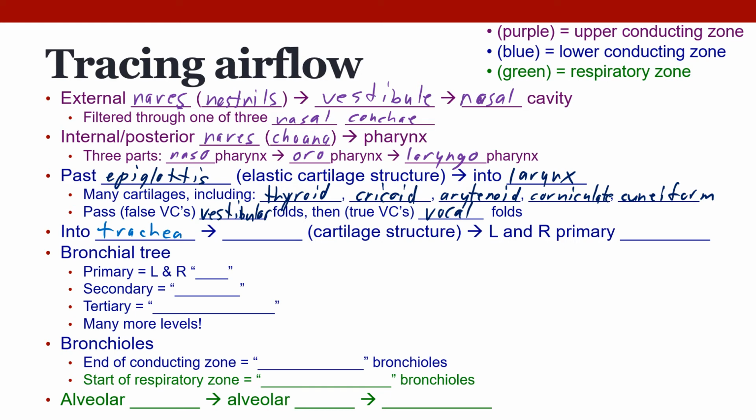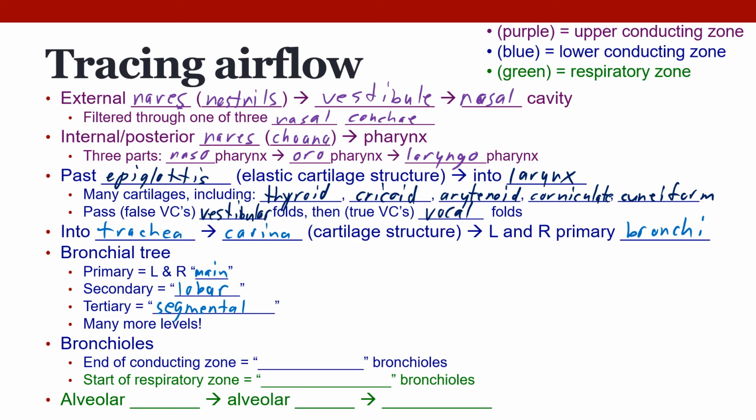We pass down the trachea and hit the carina, and then that splits us into the left and right primary bronchi. The bronchial tree is split into left and right main, then secondary, several lobar, and then tertiary, finally several segmental bronchi. And then there are many more levels beyond that.